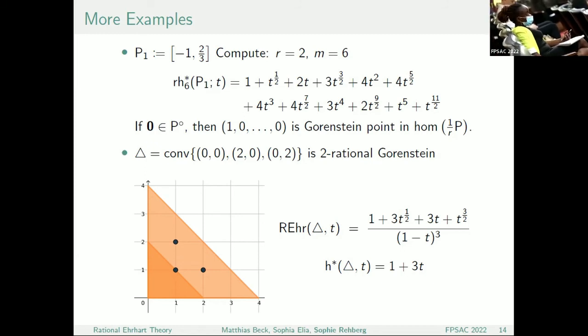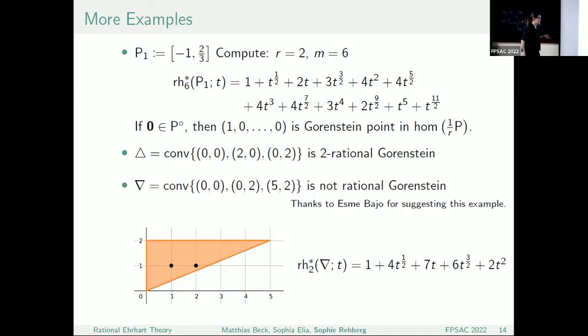So then we get the same thing back. So with rational Ehrhart theory, we are able to somehow recognize that this polytope actually wants to be Gorenstein. It has a smaller dilate which is Gorenstein, and we can see that here. And we can also recover the H star polynomial from the RH star polynomial by looking at the summands with integral exponents. So this actually refines this, and then it's symmetric, or palindromic.